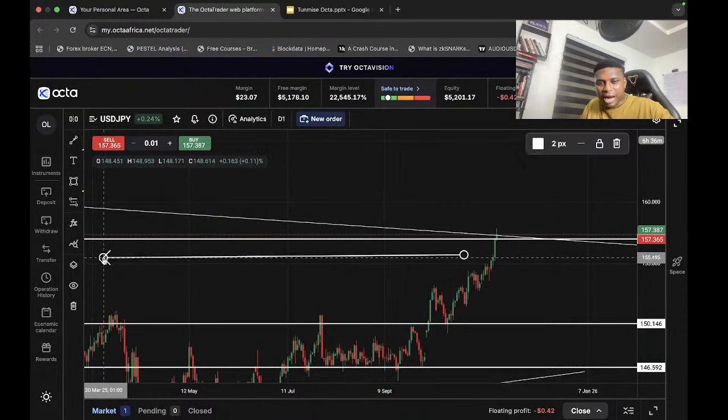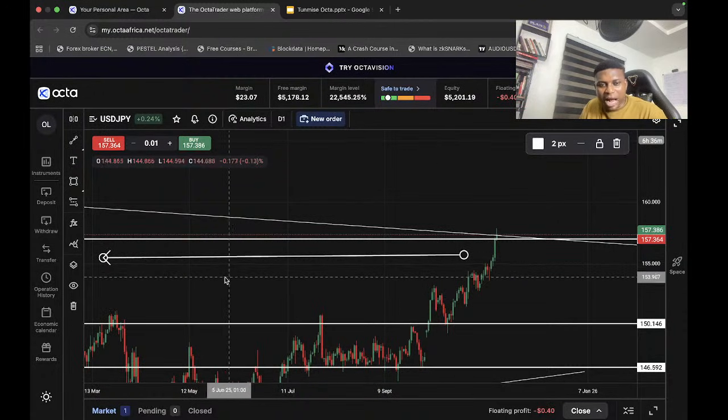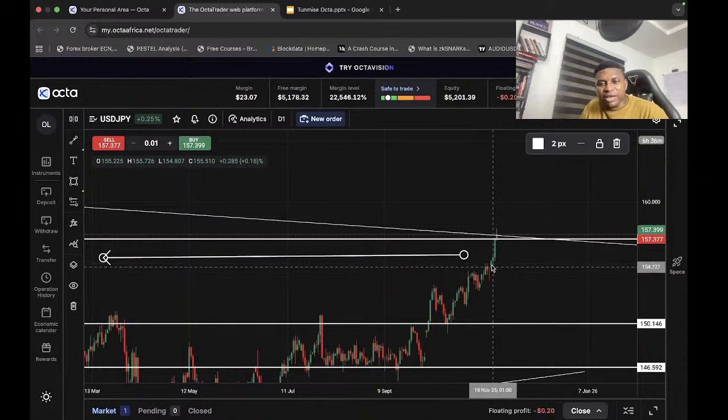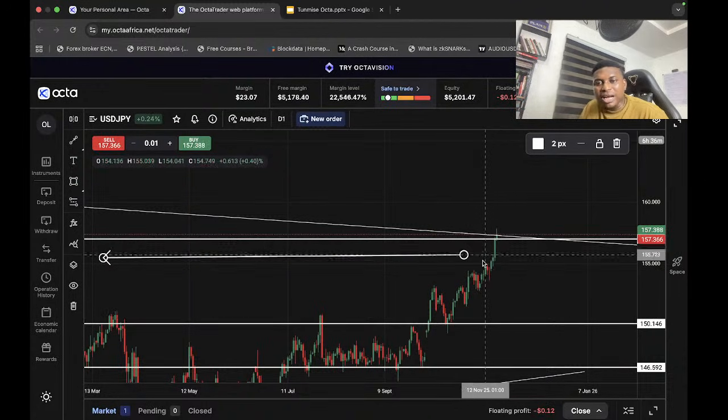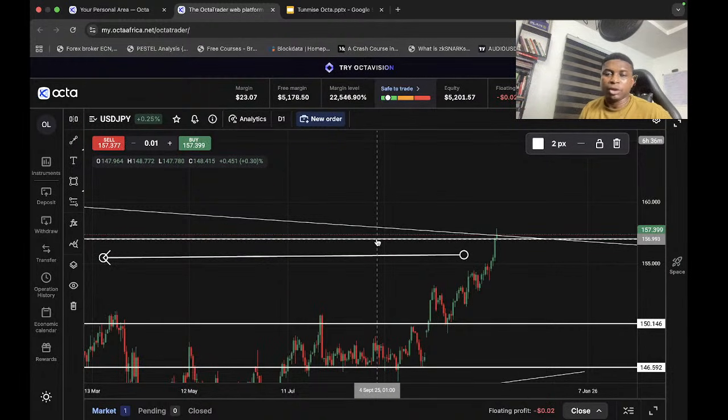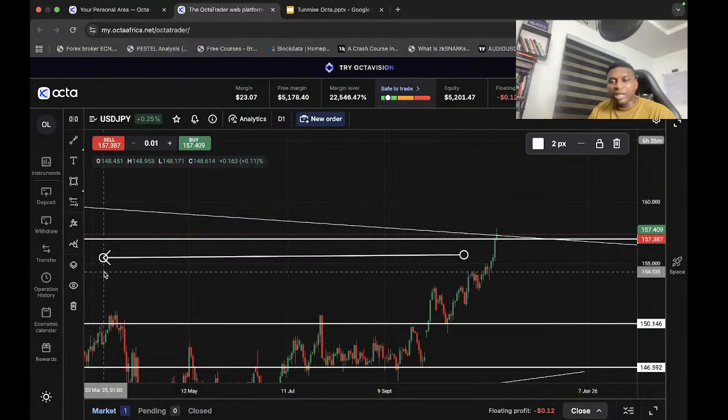Look at how long it is. On the daily time frame, after counting 12 candles, none of those 12 candles ever got to that all-time high. So you can see that there is so much room to the left.